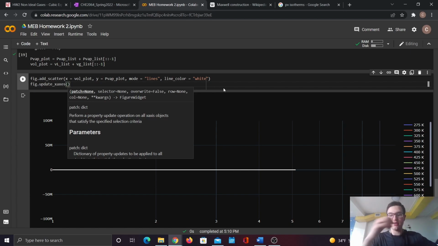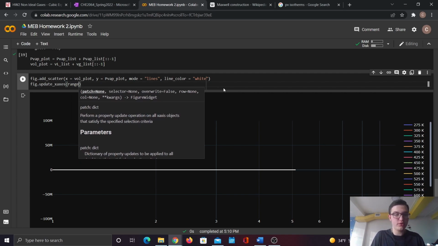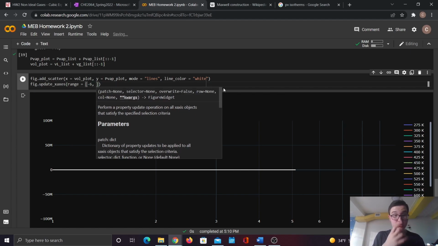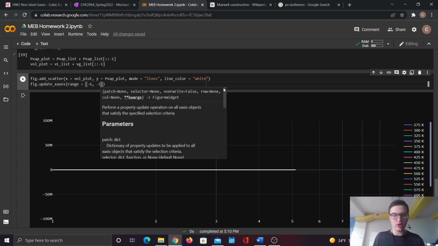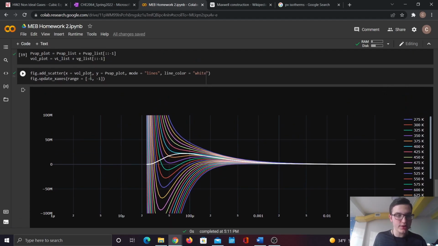Let's call it -6 or range equals -6 to -1. Call it there. Shift enter. That looks much better, although this needs to be -5, I think.